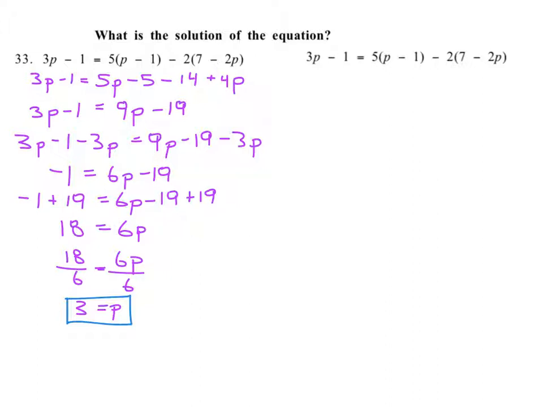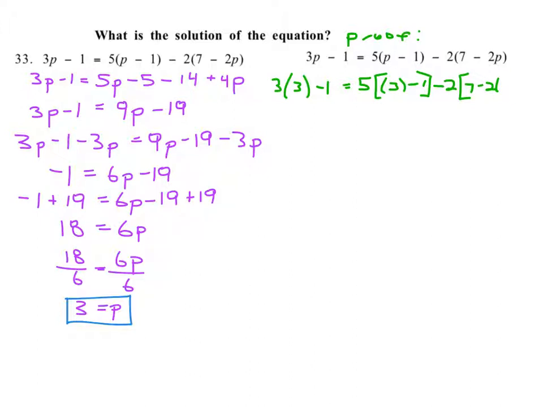I will write proof at the top. And now I say 3 parentheses, what does it equal, 3, minus 1 equals 5 bracket, because I'm putting a parentheses in there, minus 1 close bracket, minus 2 bracket 7 minus 2 parentheses 3.